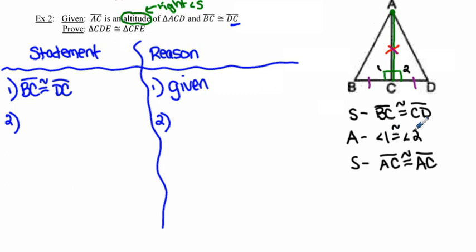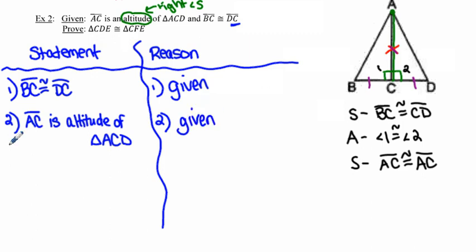I now want to write about angles 1 and 2 being congruent. That's not a given. I got that by using the altitude, so I'm going to write about segment AC being the altitude. And because segment AC is an altitude, I know altitudes form right angles, so that tells me that angles 1 and 2 are right angles.